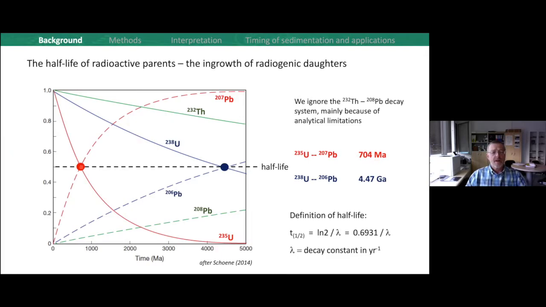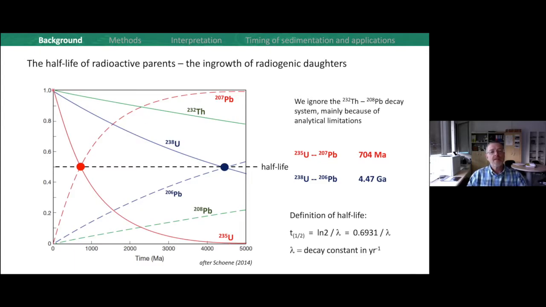So after 1 half-life, we are here, 2 half-lives, 3, 4, 5, 6 half-lives. We are here somewhere now with our solar system age, and we see that very hopefully there is not too much 235 uranium left on this planet and in the solar system. So most of it has decayed, and so the system is close to be extinct.